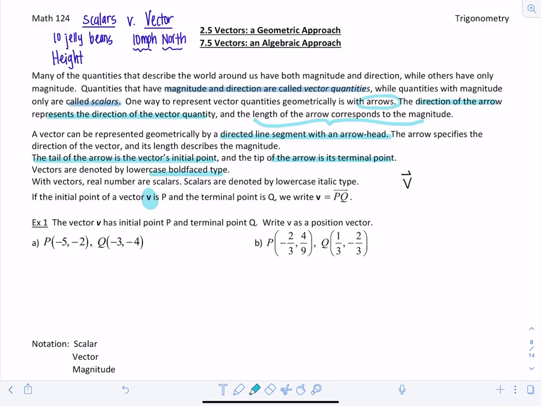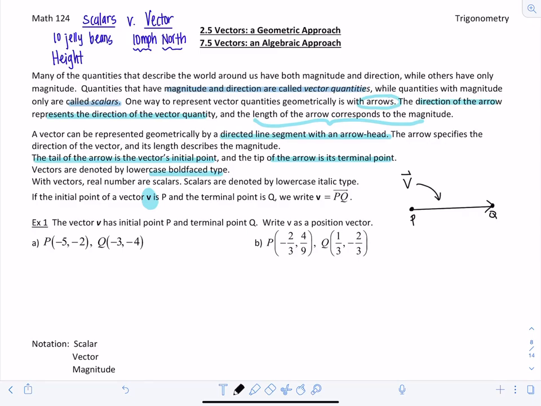So if the initial point of a vector v is P, and the terminal point is Q, we write vector v as PQ with that arrow there. So basically that would mean vector v starts at P, ends at Q. Here's P, here's Q, and then I would put the tip of the arrow there. That's vector v.